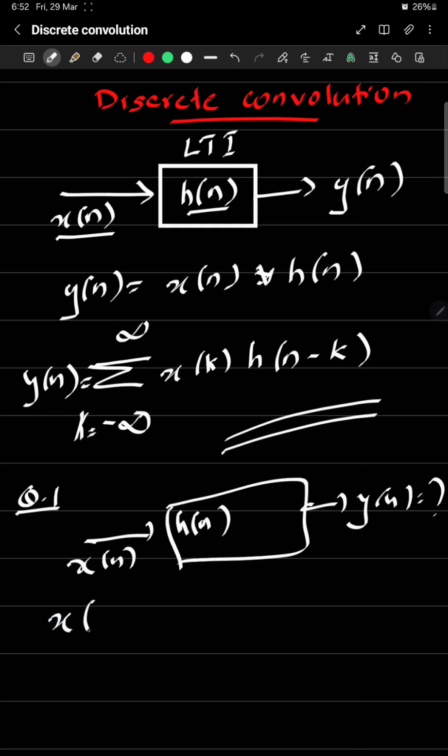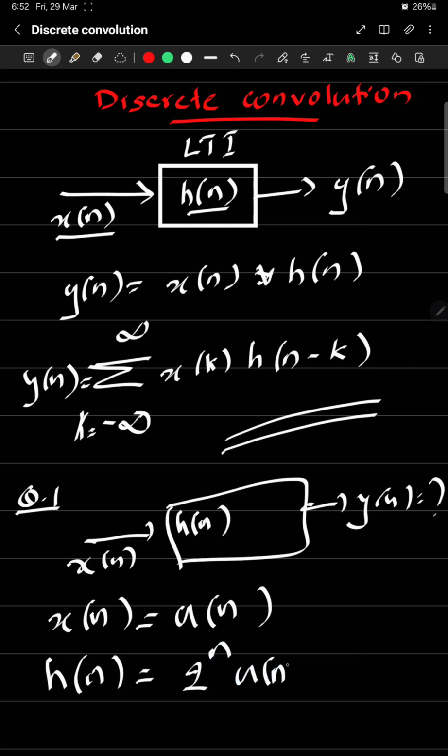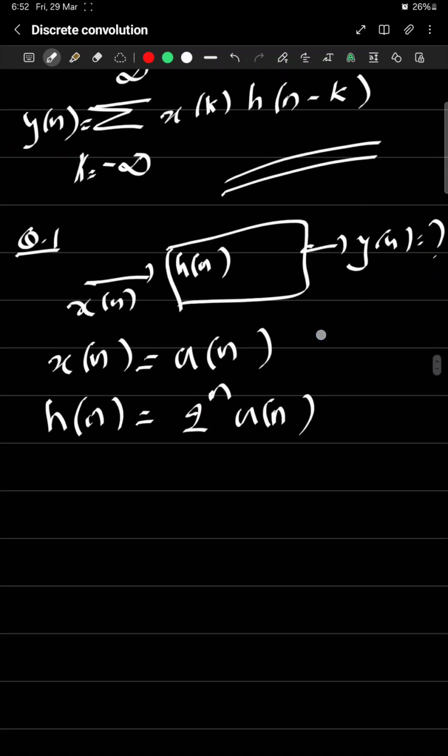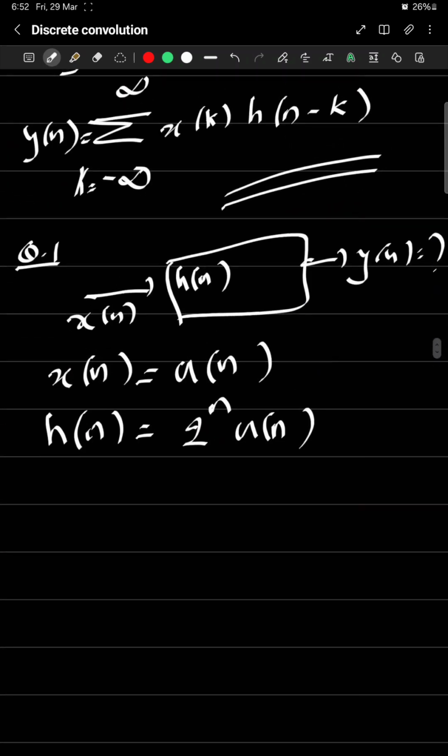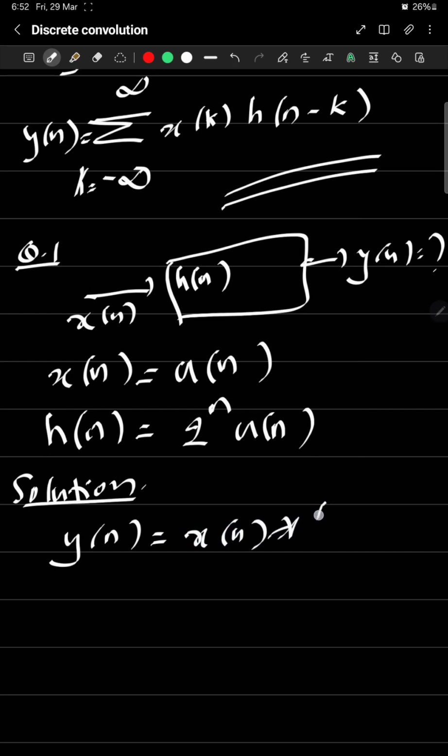Assume that x of n is u of n, a simple problem, and h of n equal to 2 raised to n into u of n. Let's find the convolution between these two sequences. Our task is to find the output y of n, which is simply x of n convolved with h of n.